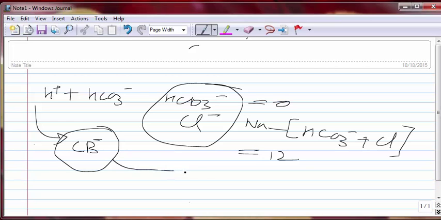Now this contributes to the anion gap, further increasing it. So if 1 unit of hydrogen ion is released, it will consume 1 unit of bicarb, and it will release a negatively charged ion which will contribute to the anion gap.